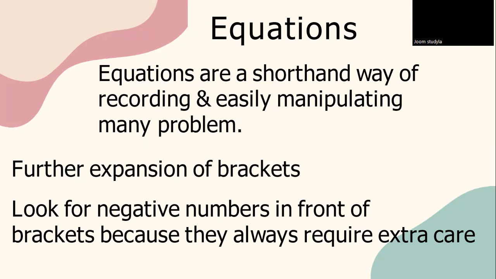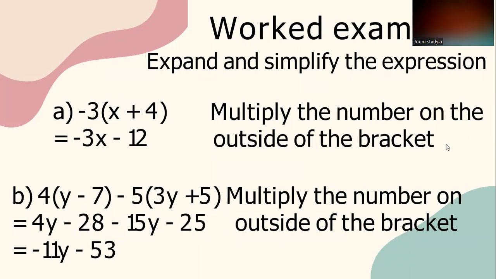The key is to remember that a plus or a minus is attached to the number immediately following it and should be included when you multiply out the brackets. Worked example. Expand and simplify the following expression.